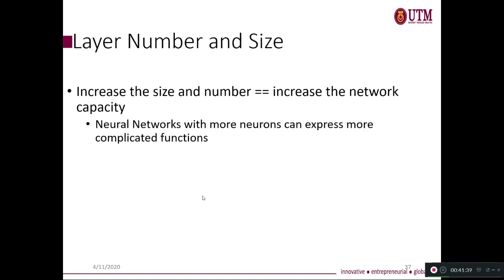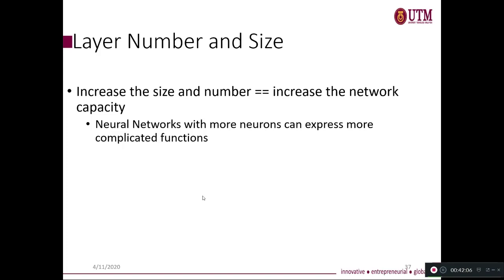If you increase the size and the number, you also increase the capacity of the neural network, meaning the capability of your neural network in solving complicated data sets, or in generating a complicated function, gets better and better.